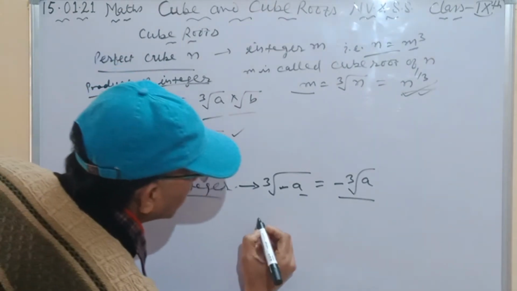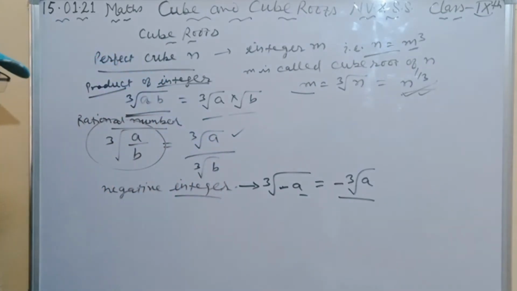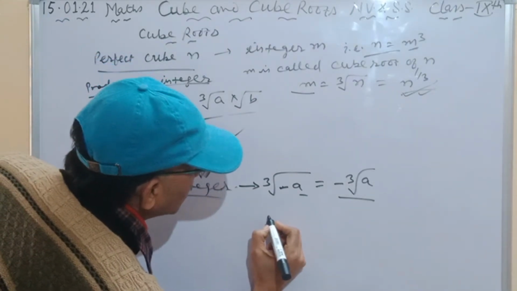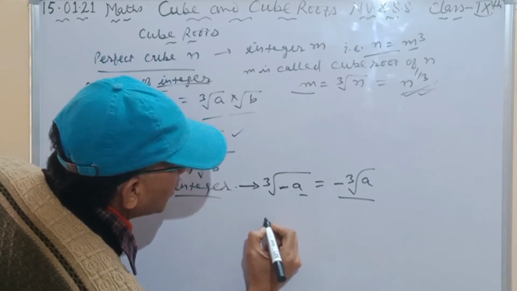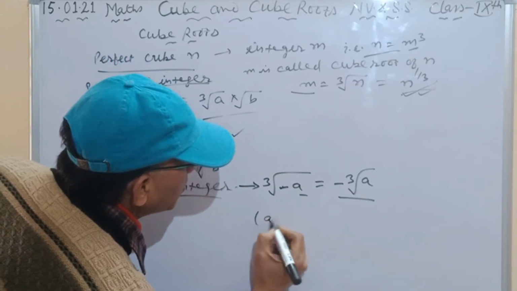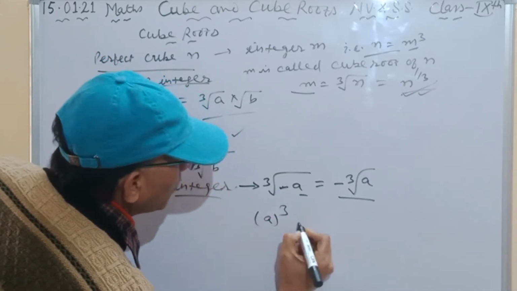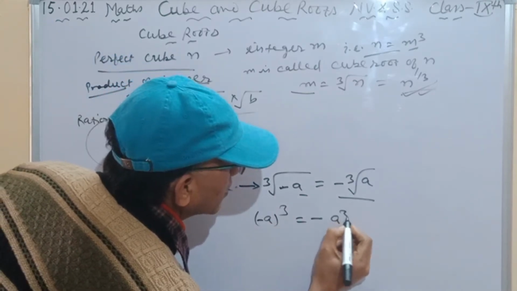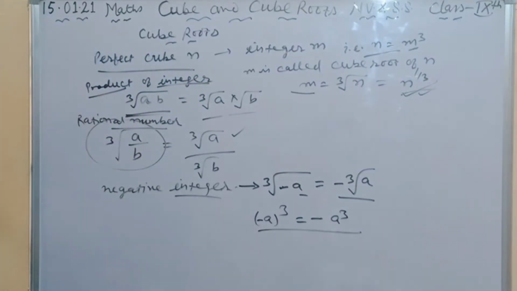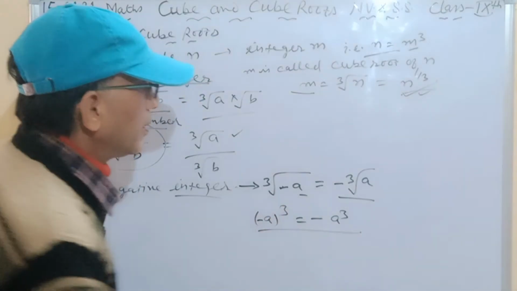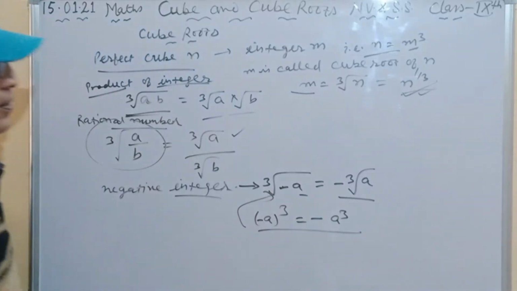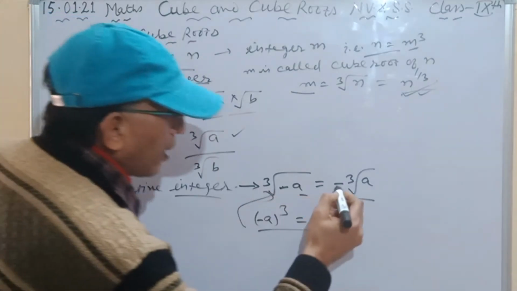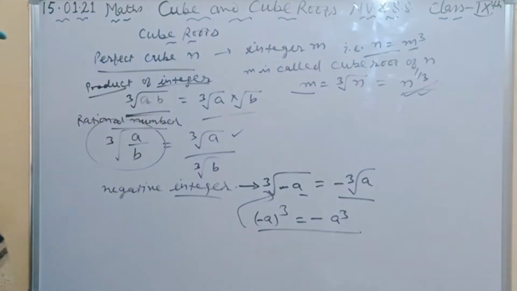Because you know that if you take the cube of minus a, you get minus a cube. Similarly here, minus outside and the cube root inside.